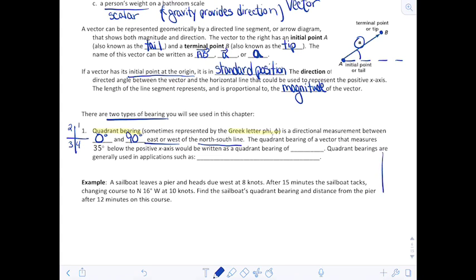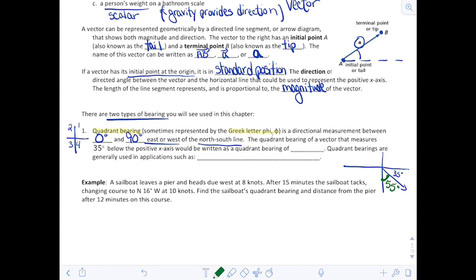The quadrant bearing of a vector that measures 35 degrees below the positive x-axis. So let's draw this over here. 35 degrees below the positive x-axis is right here. But quadrant bearing means how far east or west is this angle of the north-south line. So if we're referring to the north-south line, we're actually going to measure from there. So 90 minus 35 gives me a 55 degree measurement.